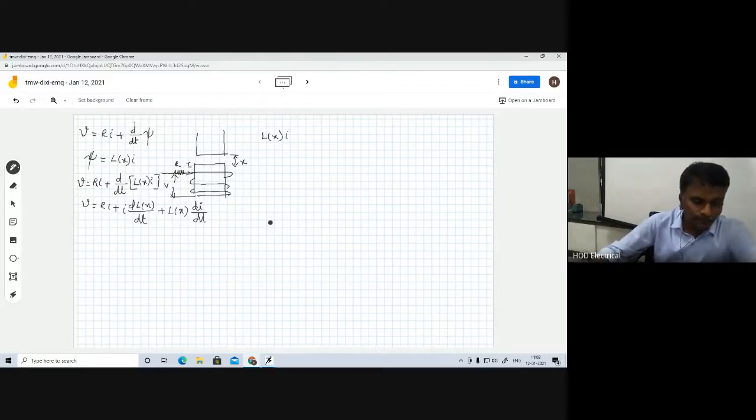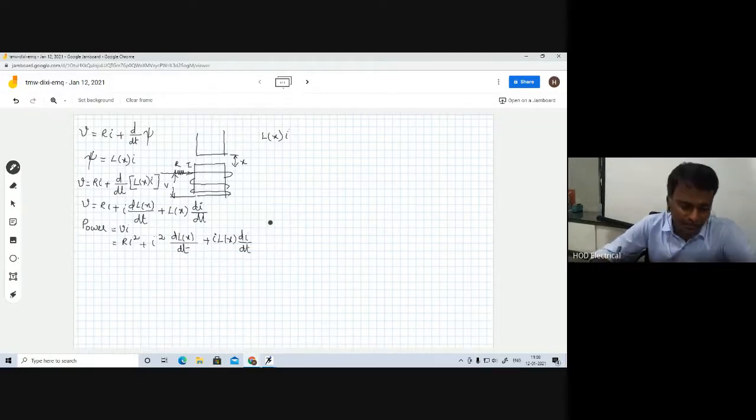Now if we write the power equation, power is voltage into current. So power is equal to R I squared plus I squared into dL of x divided by dt plus I into L of x into di divided by dt.